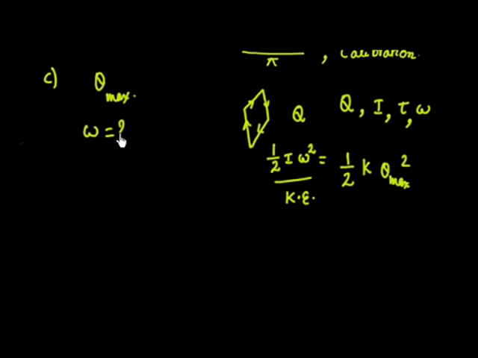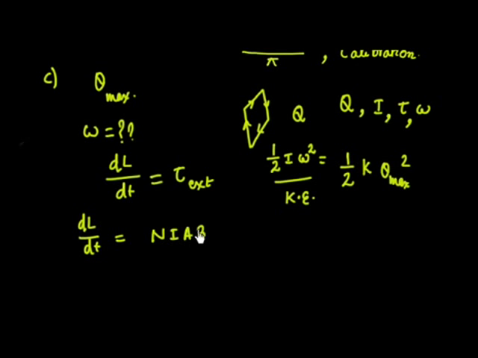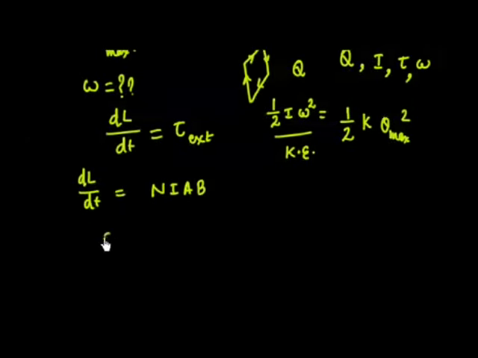So how can we calculate omega? Now we know there is a torque, so there is an equation dL by dt is equal to torque external, and torque external is N into I into A into B. So dL is nothing but NABI into dt.